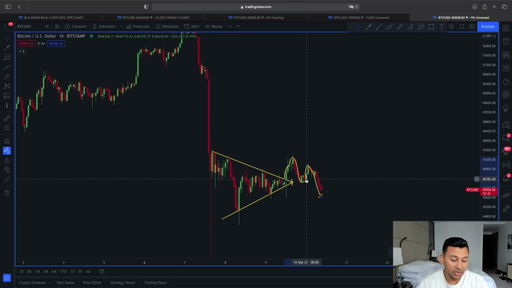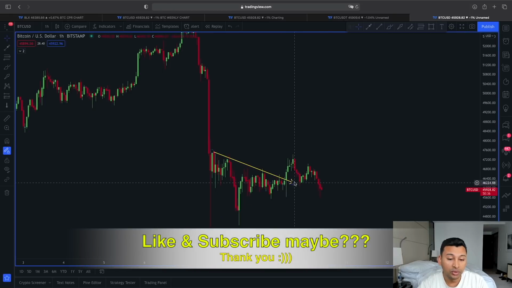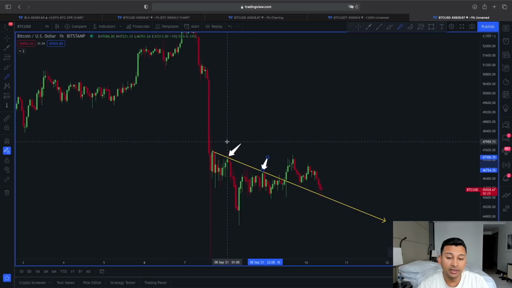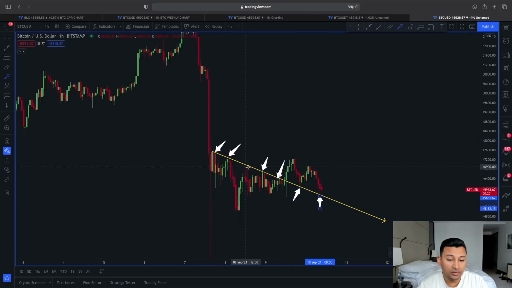So what to expect next? If this trend is going to continue, first we know this falling trend line is one strong line of support which acted as a resistance. You can see here. So if the price does find support at this falling trend line, that should be fine.